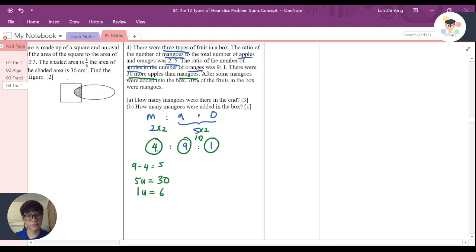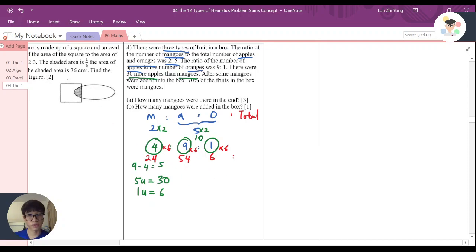If we are given 4 units, 9 units, 1 unit, then the number of fruits will be 4 times 6, 24, 9 times 6, 54, 1 times 6, 6. I basically multiply by 6 here. And the total will be 24 plus 54 plus 6, right?